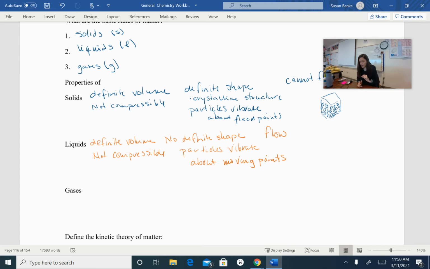Okay, so if I was to draw a picture of a liquid, I would have molecules just kind of around. They'd be close to each other, but there'd be no particular order, okay? So notice they're not in a nice line like they are in the solids. They're close to each other, but there's no particular crystalline order to those molecules, okay?